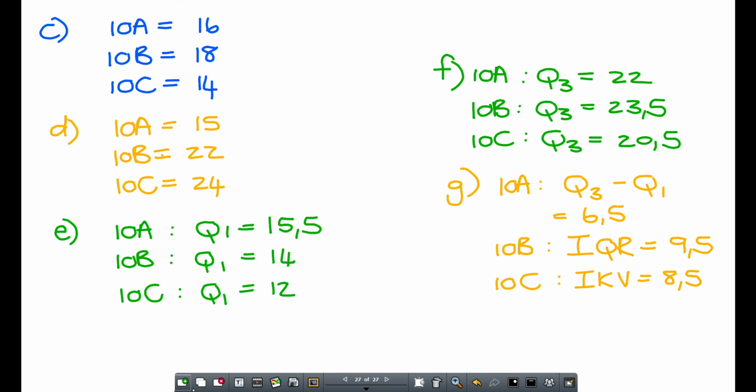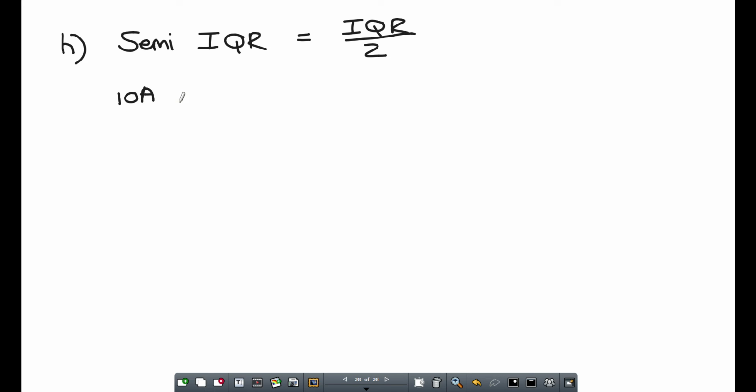Goed, dan by H. By H vra hulle vir my bereken die semi-interkwartiel omvang. Now yesterday we said if it's semi-interquartile range, we take the interquartile range and we divide it by 2. Nee. Okay, so by 10A het ons nou eintlik gehad 6,5. Deel deur 2.